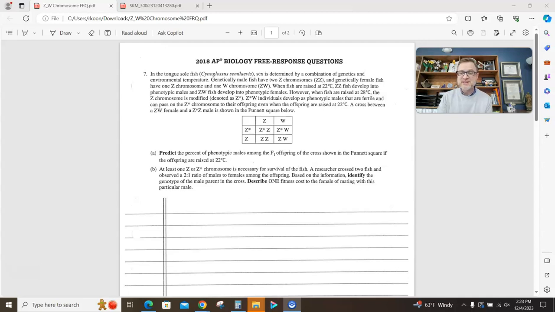However, when fish are raised at 28 degrees Celsius, the Z chromosome is modified, noted as Z star. Z star W individuals develop as phenotypic males that are fertile and can pass on the Z star chromosome to their offspring even when the offspring are raised at 22 degrees Celsius. A cross between a ZW female and a Z star Z male is shown in the Punnett square below.